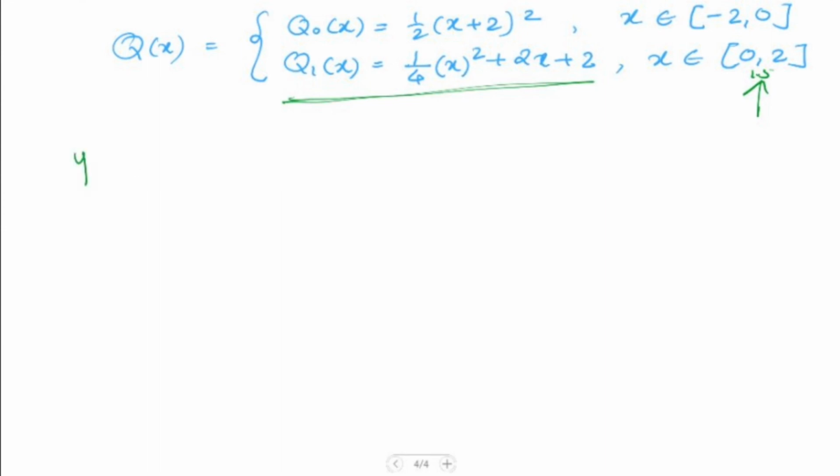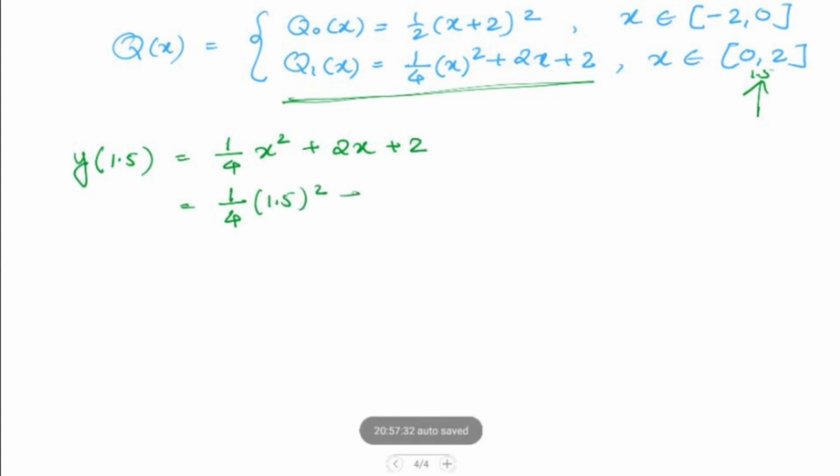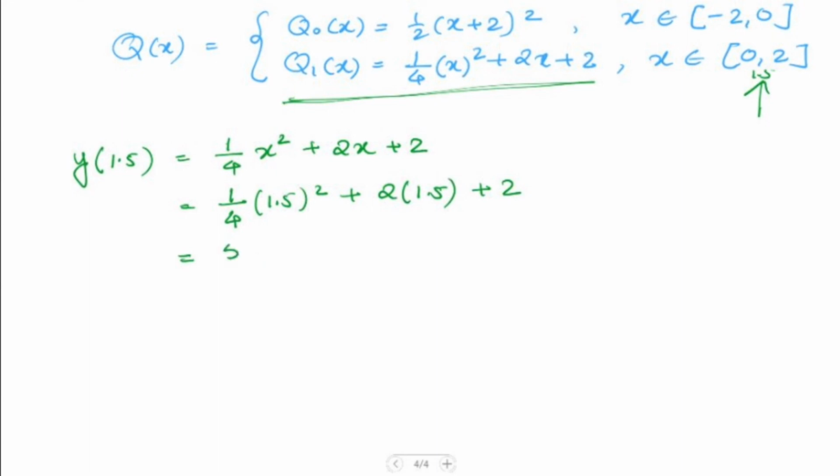We're finding now y of 1.5, and for that we'll take the spline 1/4 x squared plus 2x plus 2 and replace x with 1.5. So 1/4 times 1.5 squared plus 2 times 1.5 plus 2, and that is equal to 5.5625. And that's the end of this section.